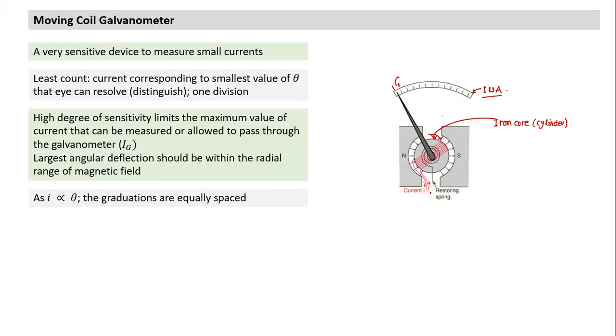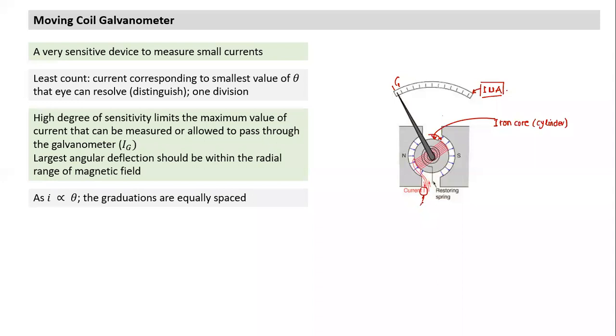See, it is measuring the current which is being fed to it. Suppose this coil gets this deflection at 1 microampere. It means I cannot have this current more than 1 microampere. If current is more than 1 microampere, it will have more than this deflection, which will not be within the operating range.